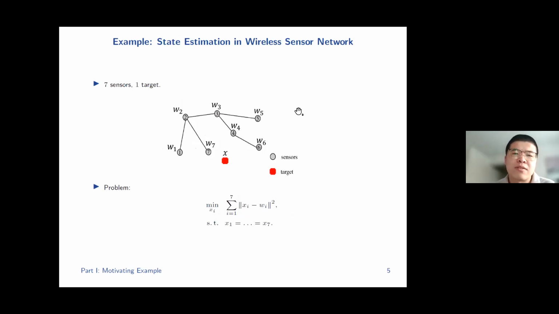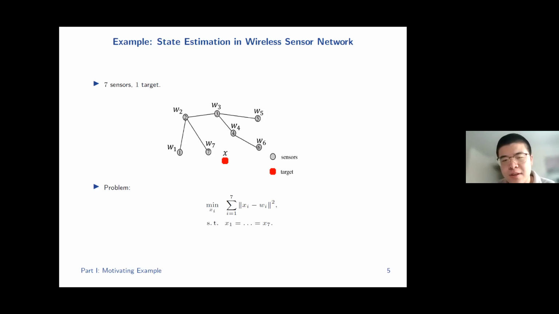Another example is data estimation in wireless sensor networks. Suppose there are 7 sensors in the network, and the task is to estimate the position x of the target. In this network, each sensor has an observation wi on x. If we directly let a wi be the estimation of x, then the accuracy may not be good enough.